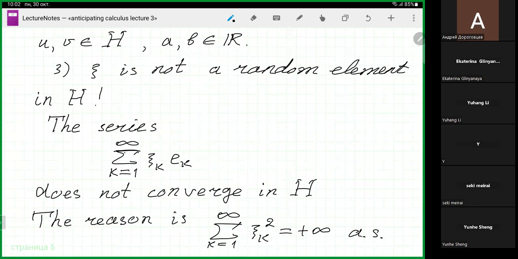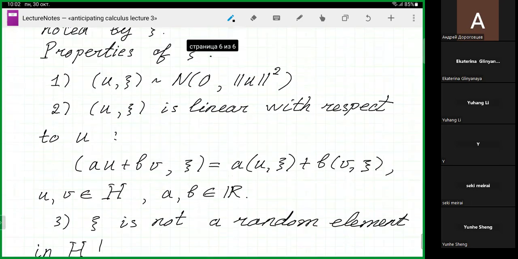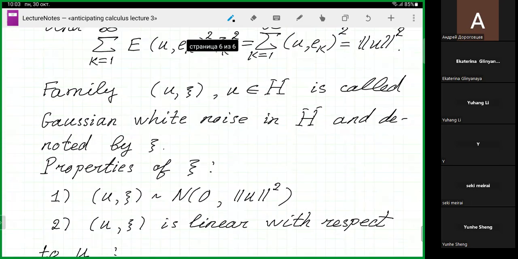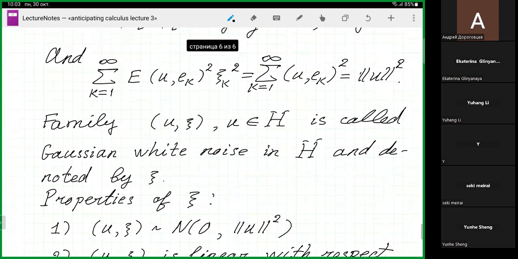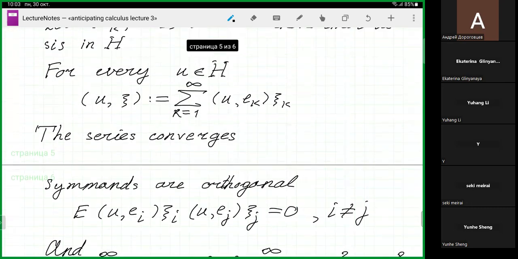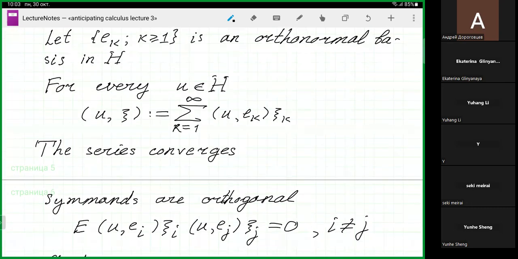Okay, so we have the following interesting and new object, this white noise Xi. It is defined via our sequence xi_k. It looks like we have to invent the orthogonal expansion for functionals of Xi.